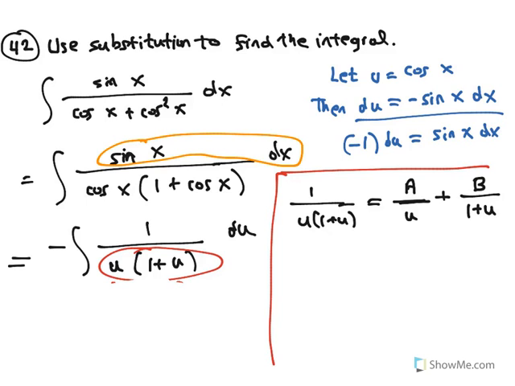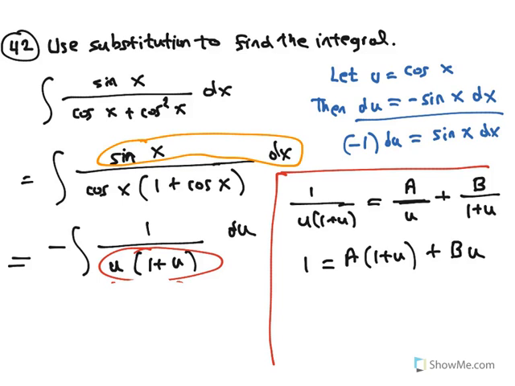And following the same logic and procedure that we've discussed in prior examples, we're going to multiply both sides of this equation by the LCD. And on the left side we will have 1, and on the right side we will have a times 1 plus u plus b times u.